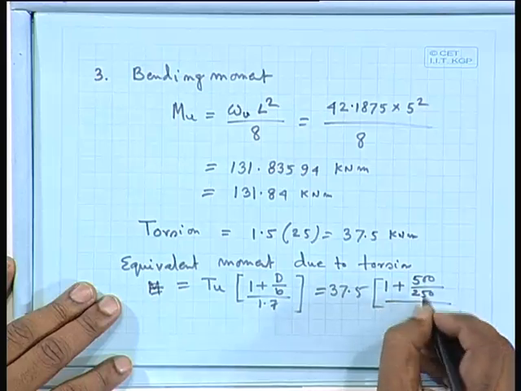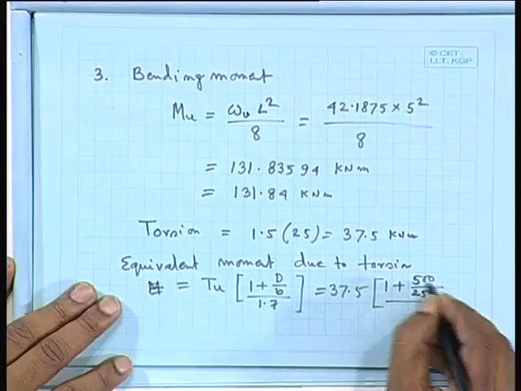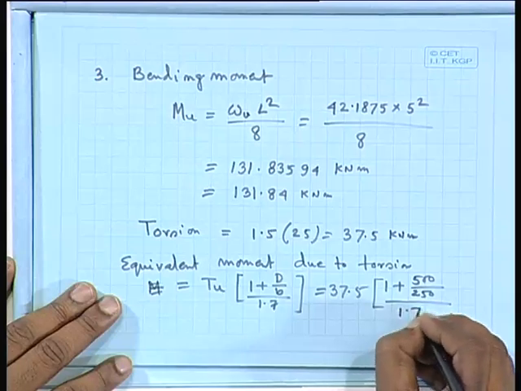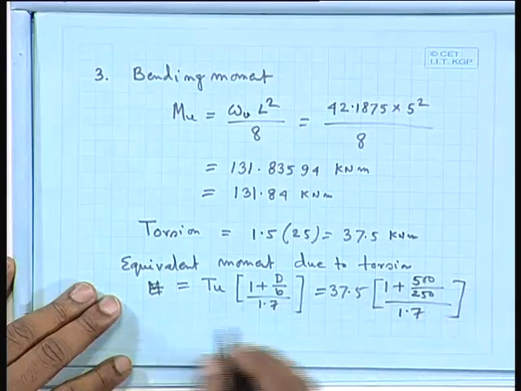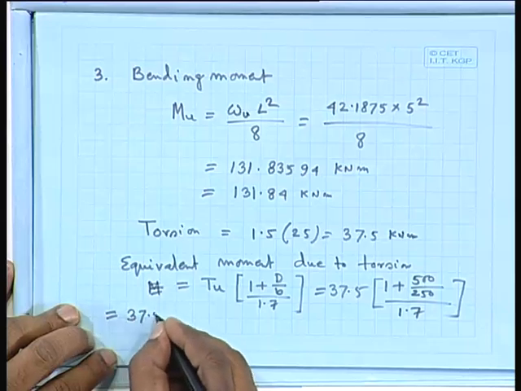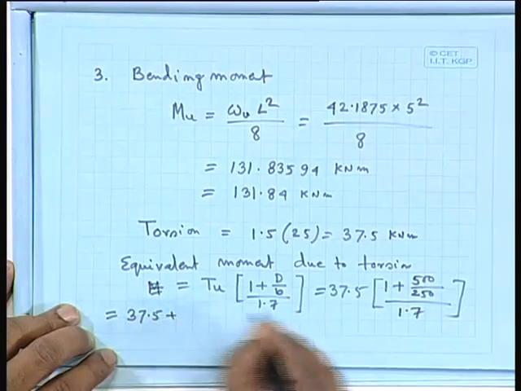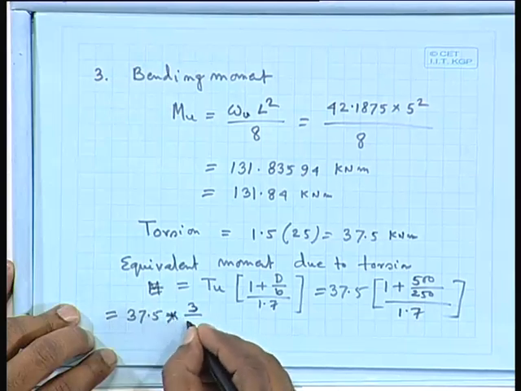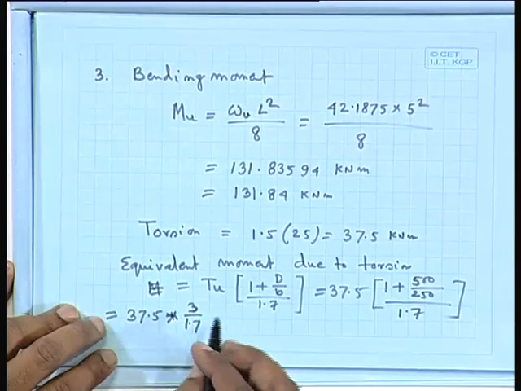You can take it as 0.5, 0.25 also, but after all we are taking this in millimeter, so it cancels here, and 1.7, which comes as 37.5 multiplied by 3 by 1.7.